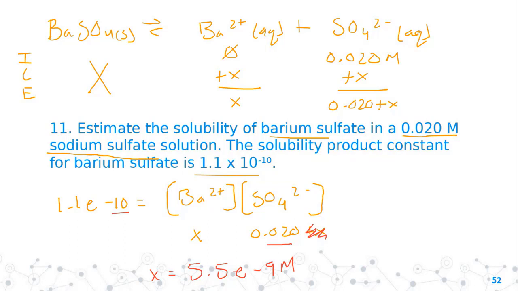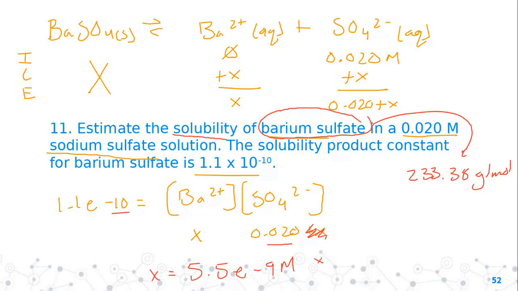Are we done here? Yes, we want to go one step more because we're told to find solubility. What I found here was molar solubility. To find solubility, you multiply that by the molar mass. The molar mass of barium sulfate is 233.38 grams per mole.